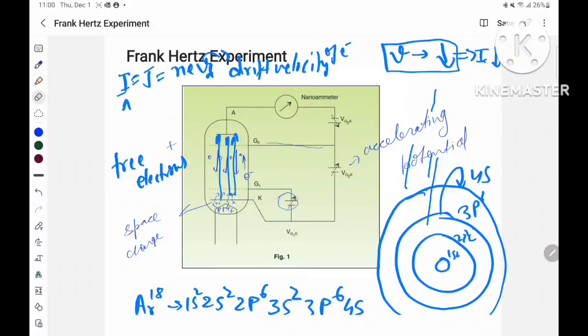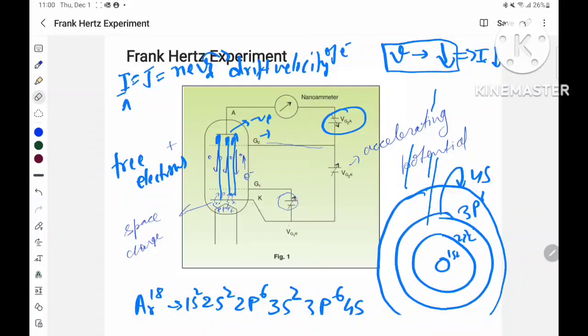Another way to look at this is like this: if you see the Vg2a, the anode is at slightly negative potential with respect to the G2. As a result, those electrons which have less energy are not able to reach the anode.